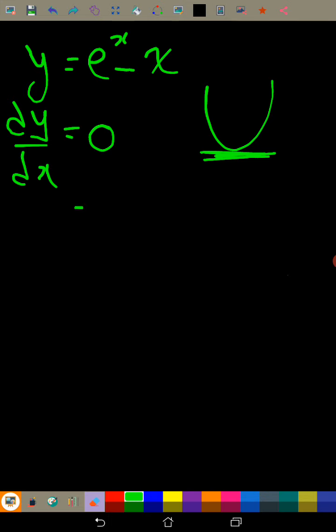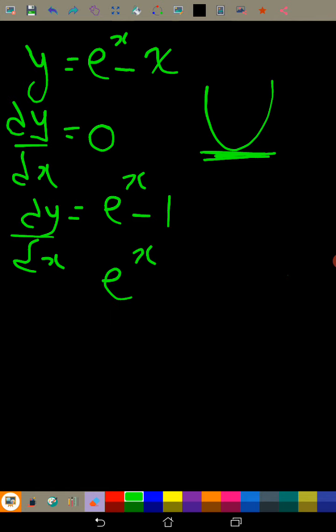So what is dy by dx here? Dy by dx is e^x minus 1. So e^x minus 1 is equal to 0, e^x is equal to 1. So to get 1, x is equal to 0.